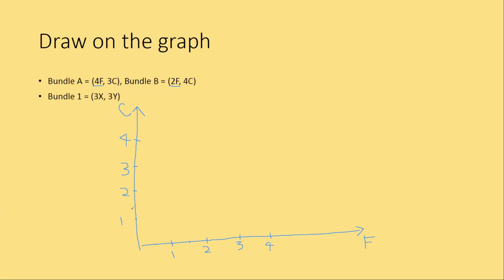All right, so on this graph, we can find bundle A that has 4 units of food and 3 units of clothing, which is going to be this point.